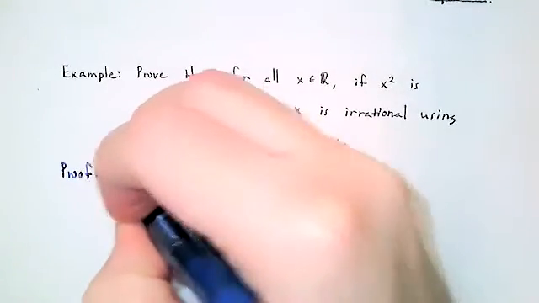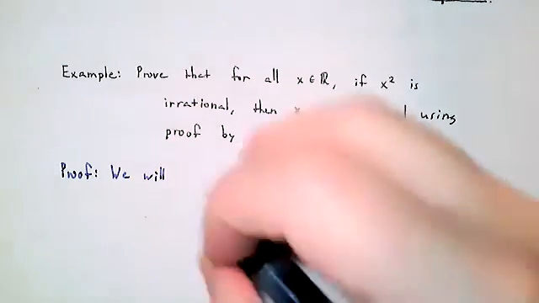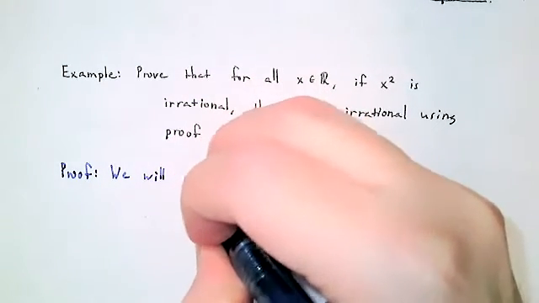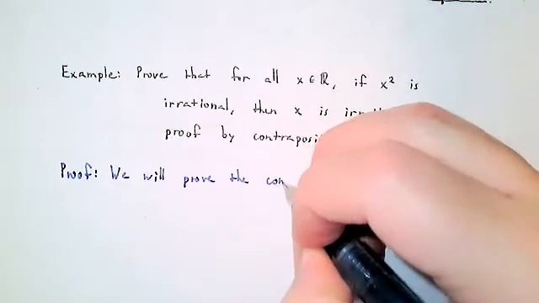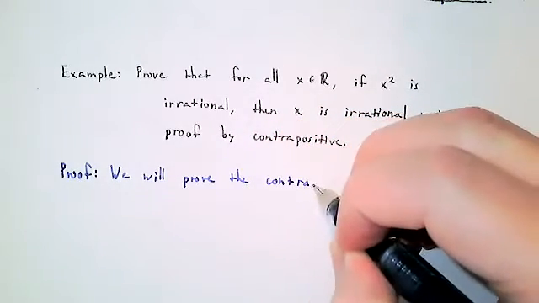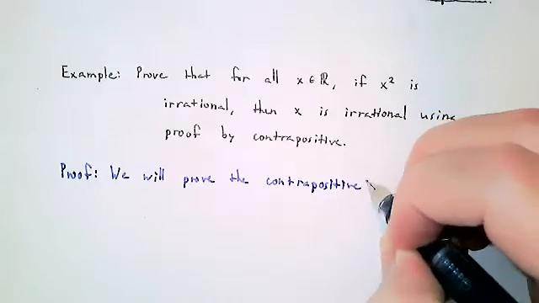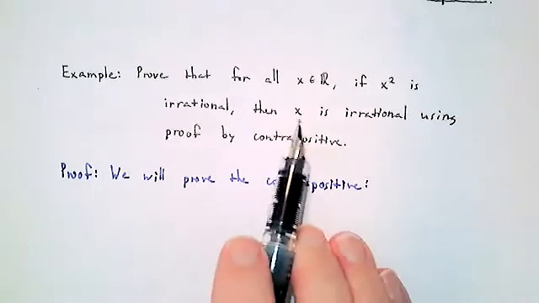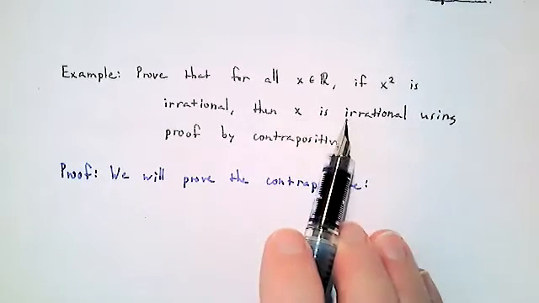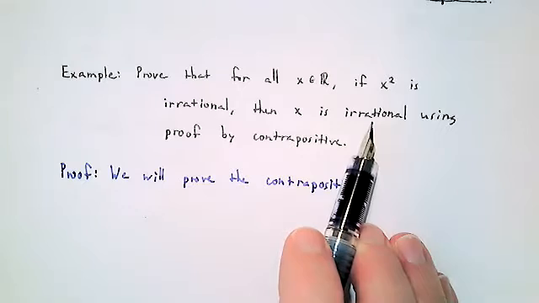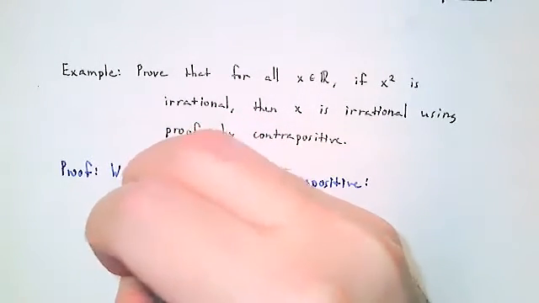We're going to prove the contrapositive, so let's just come out and say that. And maybe we can even write out what the contrapositive is in this case. So we start with the negation of this part, then x is irrational. If x is not irrational, that means it is rational. So that's how the contrapositive starts.